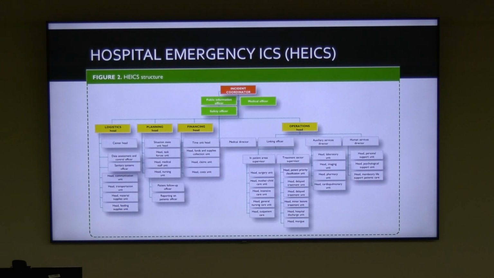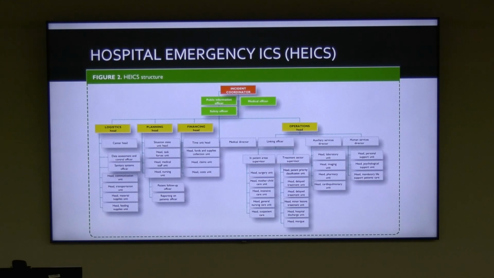In addition to that, there's the transportation unit head. Patients need to be transported from one place to another. This becomes incredibly important in hurricane situations where patients need to be evacuated, which I will talk about during my next presentation. However, that is a huge consideration that you need to make sure you don't overlook.